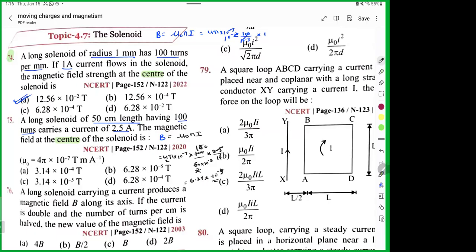Got it? We'll get B. No, sorry, 1 second. D, I'm getting D. Yes.